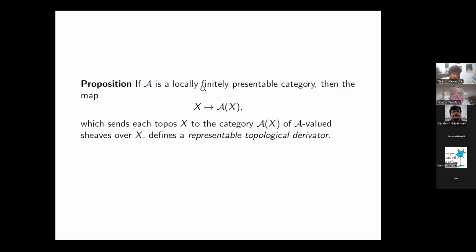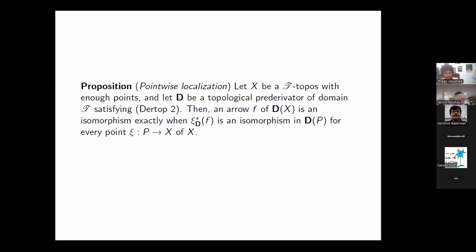I would like to mention that if A is not locally finitely presentable, but just a locally presentable category, then this map defines a topological prederivator. And this topological prederivator satisfies all the axioms of topological derivators except for the local conservativity axiom, Der Top 2.